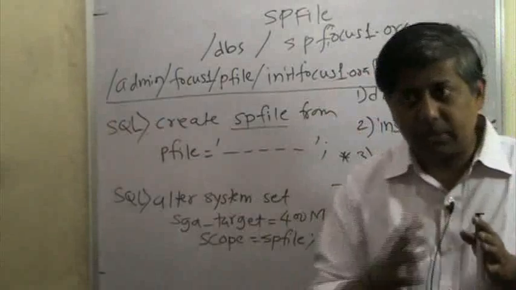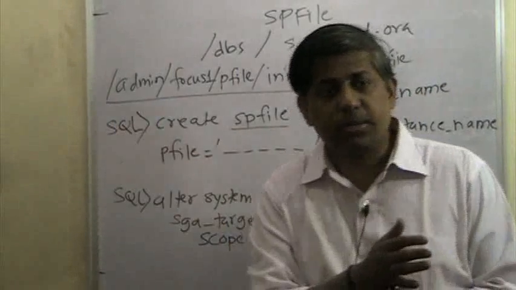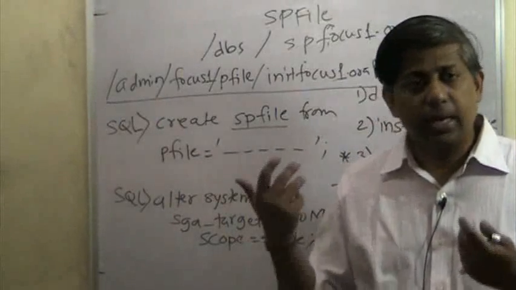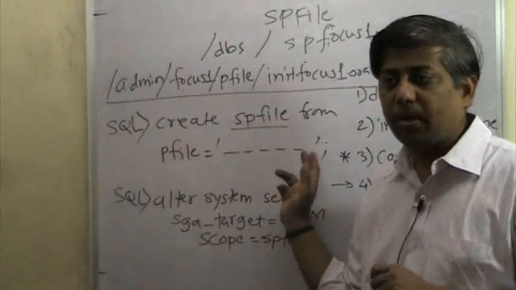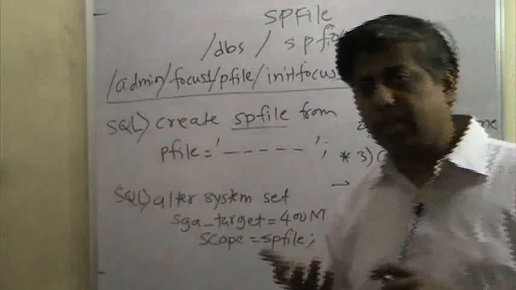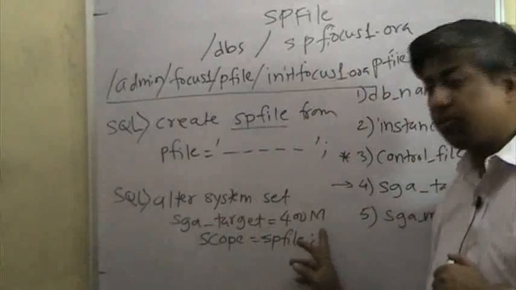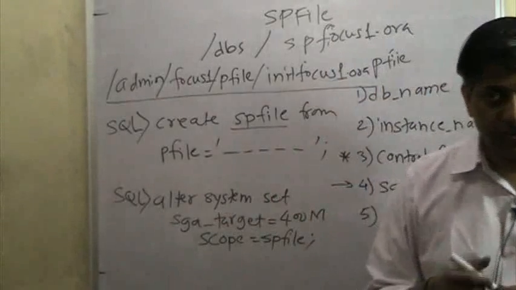The sequence is like that. It will search for the SP file. If the SP file is not there in the DBS directory, it will search for the P file in the DBS directory. If it is not there, it cannot start up the database. Then you will have to actually mention the name of the P file or the SP file like this. So the default behavior from that point onward is that when you start up a database, the SP file will be found. In the SP file, what is the value? 400. So next time your database SGA target is 400.